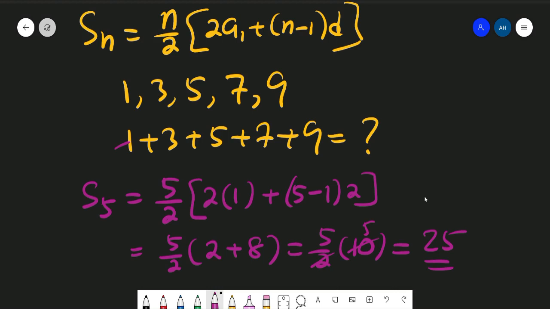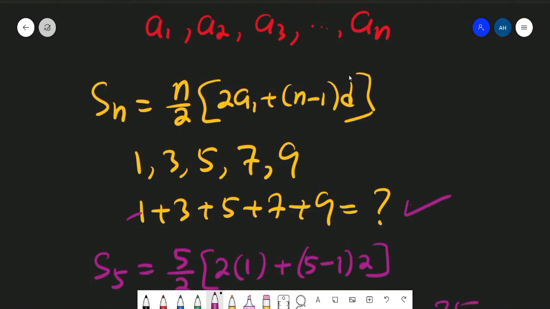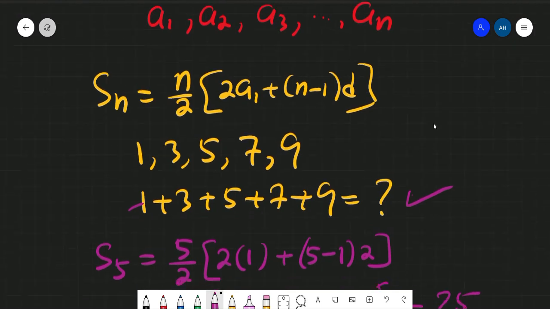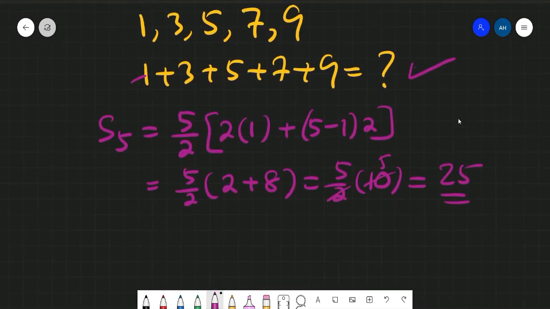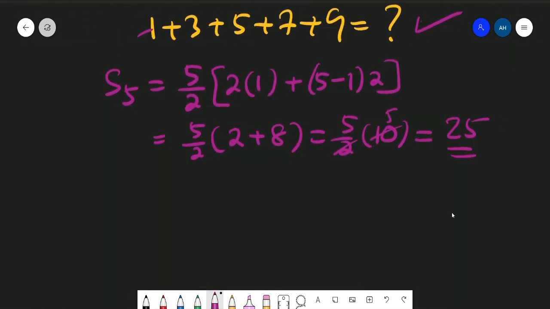So we get the answer, the sum. When we add these numbers, 1 plus 3 plus 5 plus 7 plus 9, it is equal to 25 by using this formula, Sn equal to n over 2 and so on. Now let's manually add the numbers and see whether we get 25 or not. That is 1 plus 3 plus 5 plus 7 plus 9.